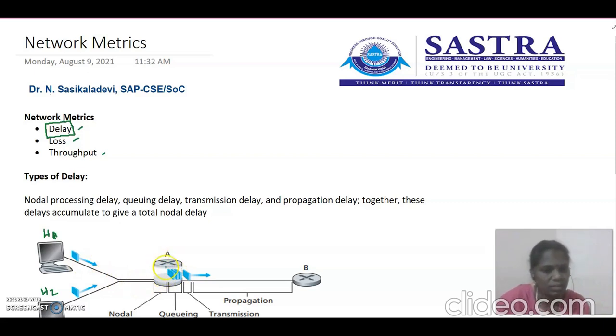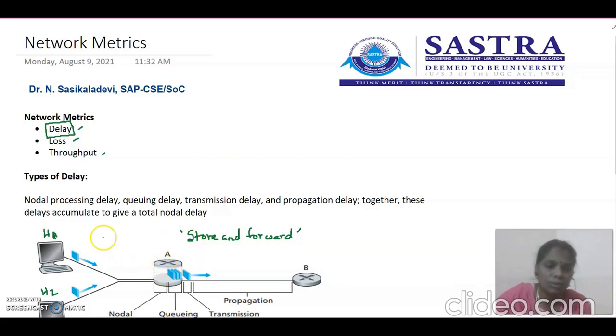As you know already, this is a packet switching type network, so it receives the packet, stores the packet, and then forwards the packet. So it is a store and forward type network, a concept related to the internet.